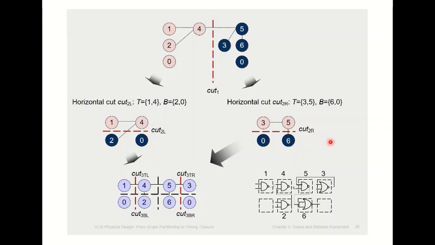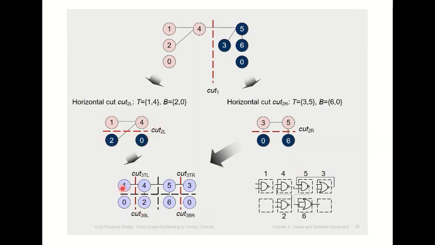So the next one is we need to cut again because, for example, here we have 2 cells. So we are going to split into individual cell locations. So the next cut is vertical. So finally we are going to cut like that to split 3 and 5, and here to split 1 and 4, and 2 and 0.